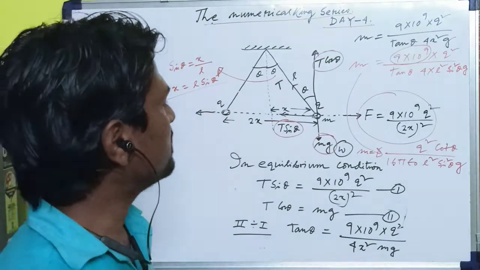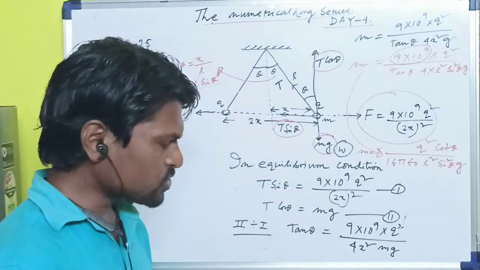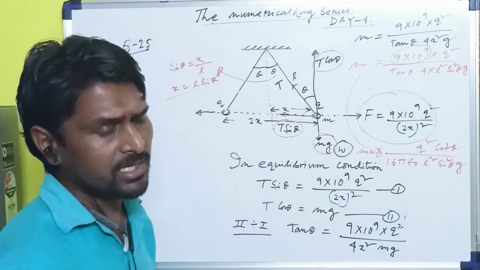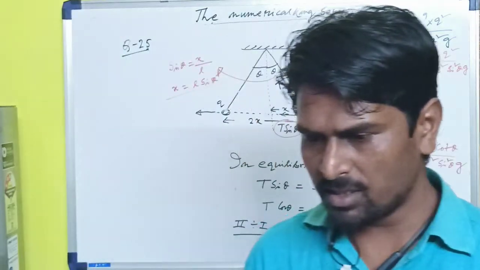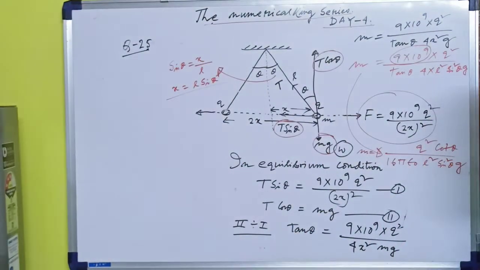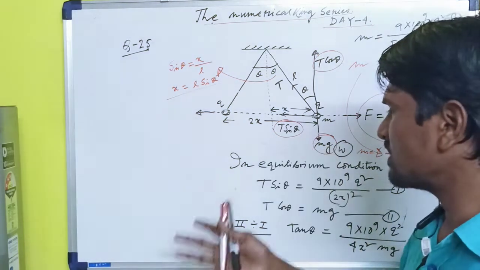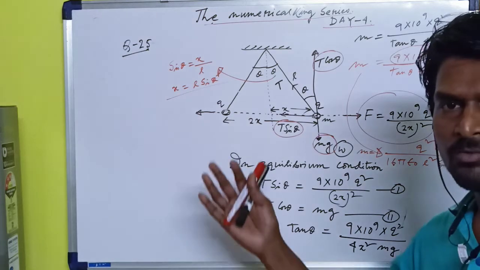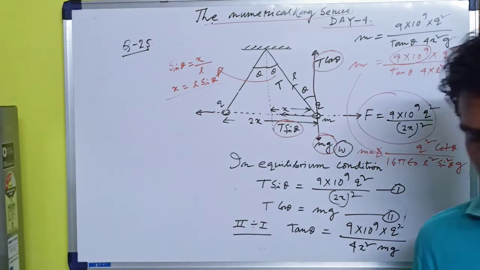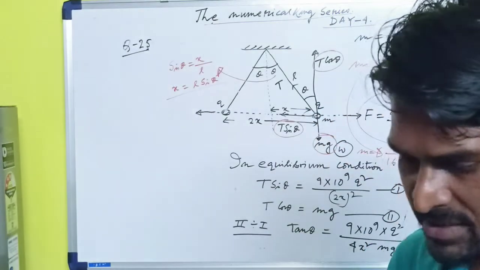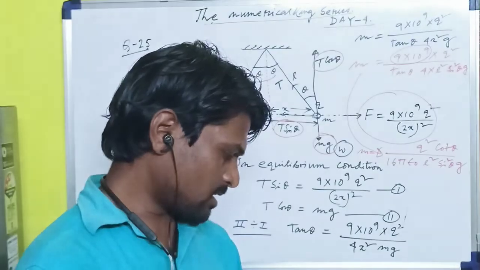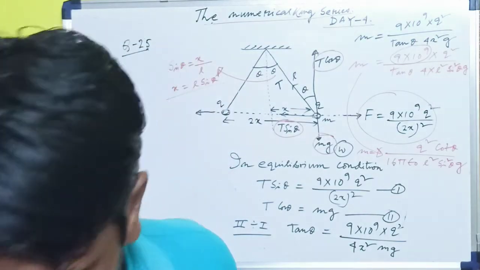So this is numericals, and these numericals can clear your concepts to a greater extent. So you have to clear all the concepts. All the 6 concepts are frequently used from question number 25 to question number 30. So the first question is completed, and the next one is question number 26.